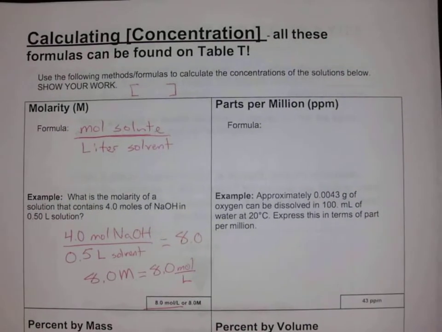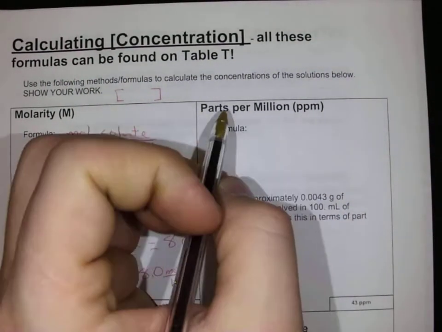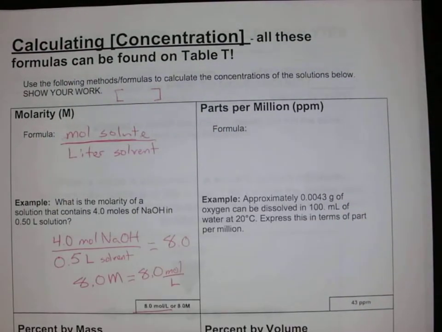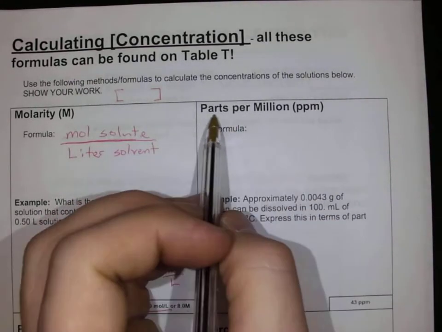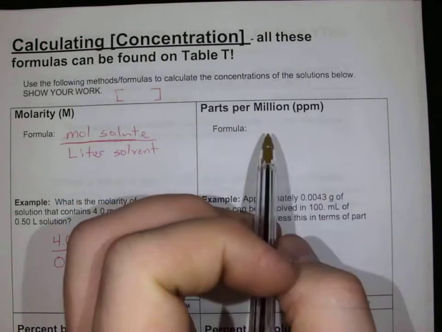The next one we're going to talk about is parts per million. Parts per million is probably the most common concentration that we see in the general world. We see this all the time in environmental sciences, if we're talking about air quality or water quality. We often talk about parts per million or parts per billion.